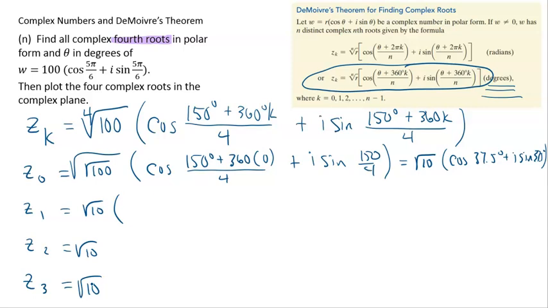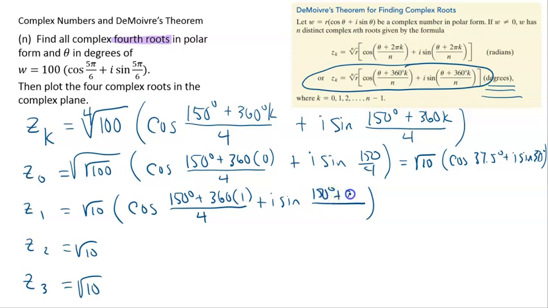But now what's going to change is the angle. So this is going to be the cosine. Now I've got this time, that's 150 degrees plus 360 degrees times 1 divided by 4. Plus I sine of the same thing, okay? Which again is 150 degrees plus 360 degrees times 1 divided by 4.